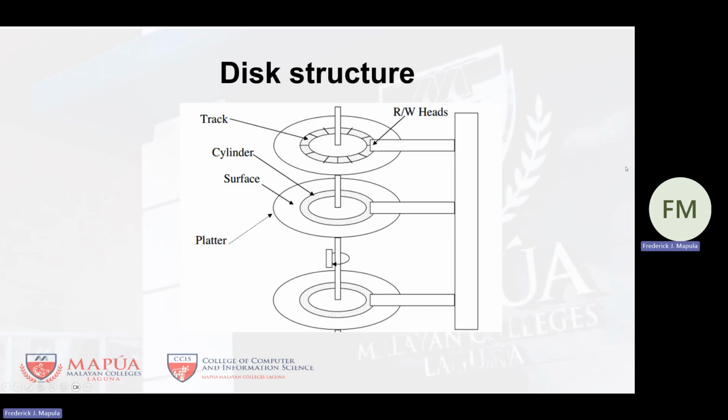So this is what it looks like. It has read and write heads, which read the disk. Then these are the tracks. Then the cylinder, and there is another disk. And then this is the surface, and the outer part is the platter.